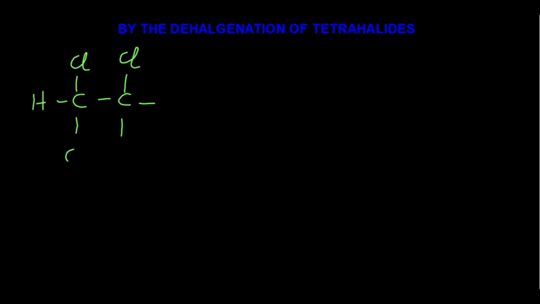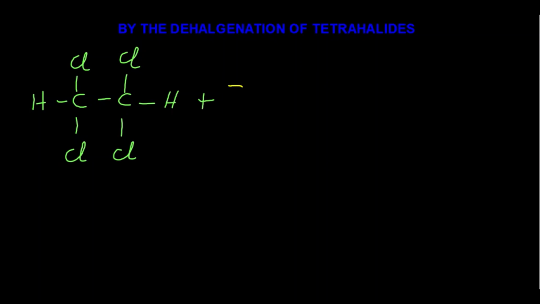Here we have chlorine atoms, right students? This is a tetrahalide. Now when this tetrahalide is treated with zinc dust, meaning zinc powder, right students?